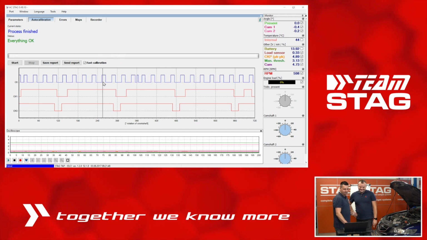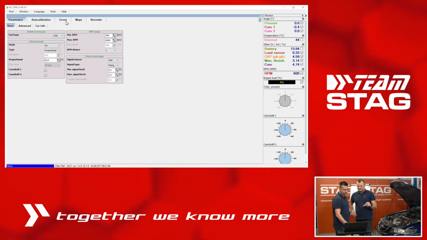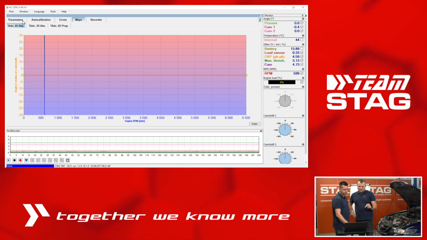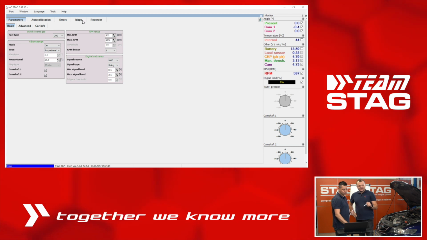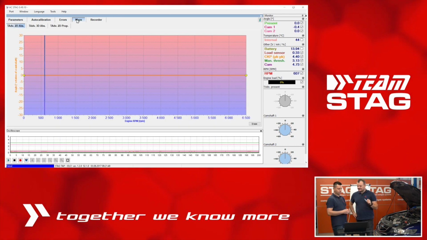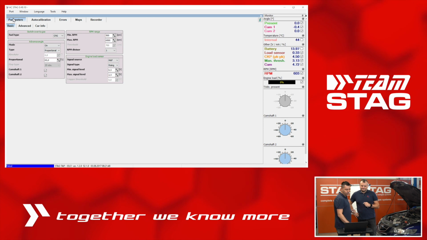Right, okay. So what we can do now, I think we should show the simplest and easiest way to start setting the line. It's called the line because there is also a map and more complicated, but the line is the simple one. It's the fastest and the easiest way. Okay, so in the parameters, if you want to use map, you need to change from proportional to map.